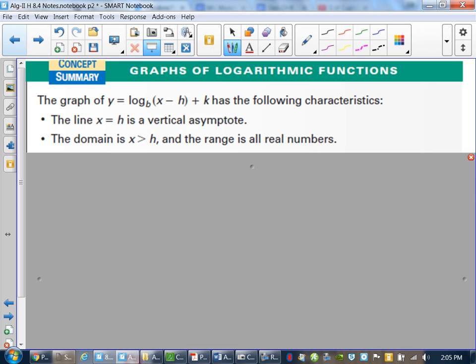How would that work with the 2 example? I would say my domain would be the set of values of x such that x is greater than 2. That's it.